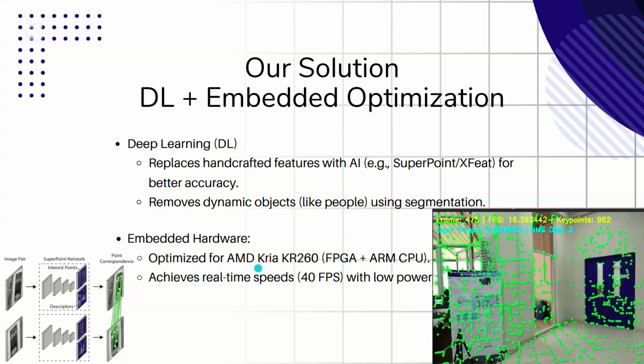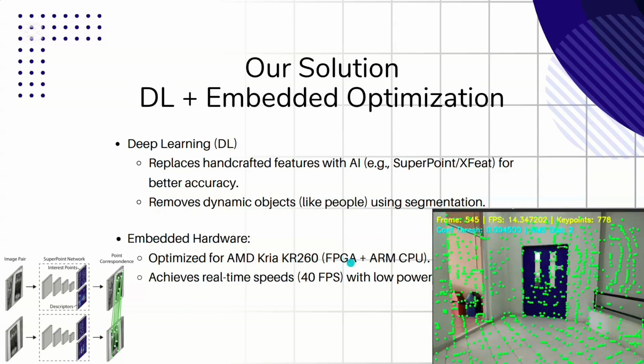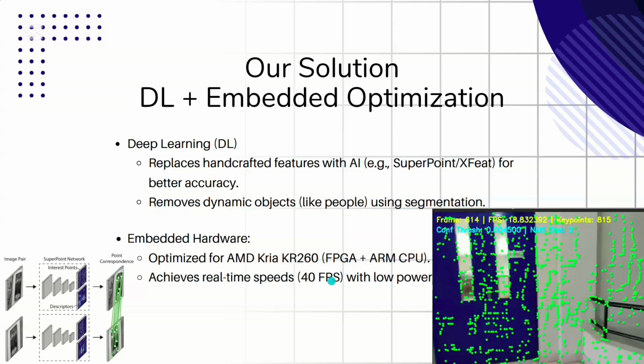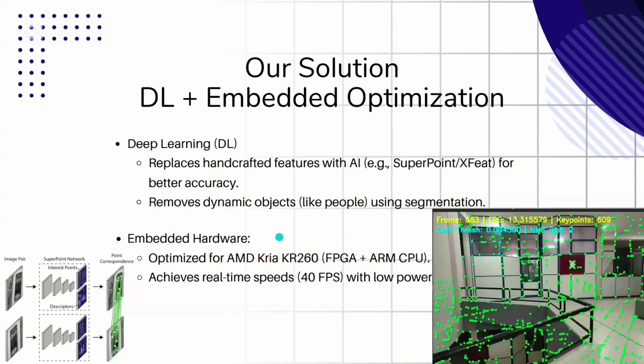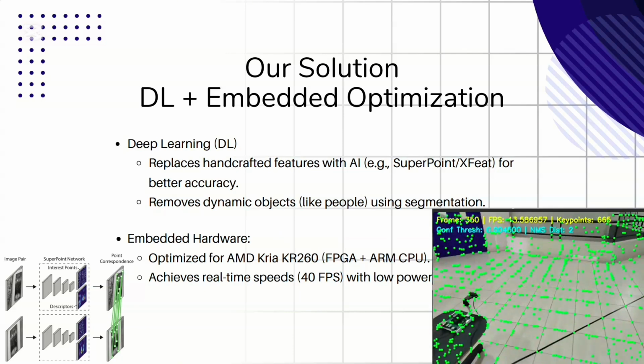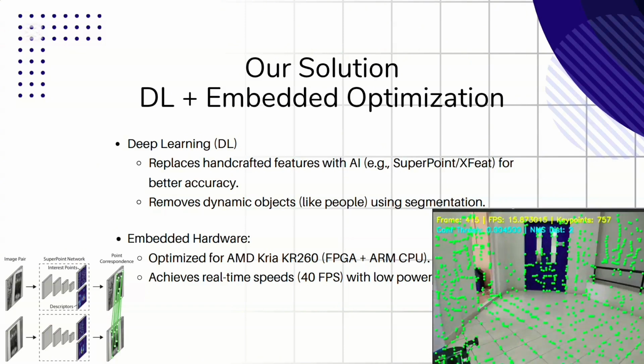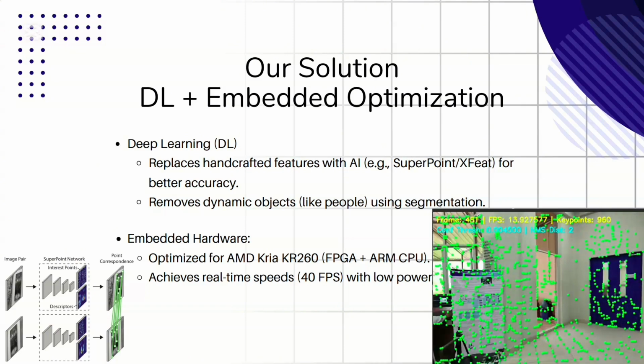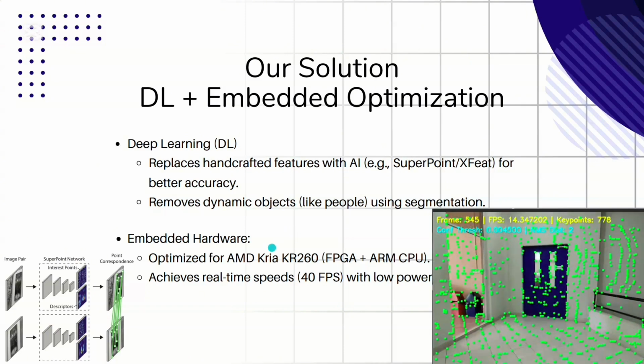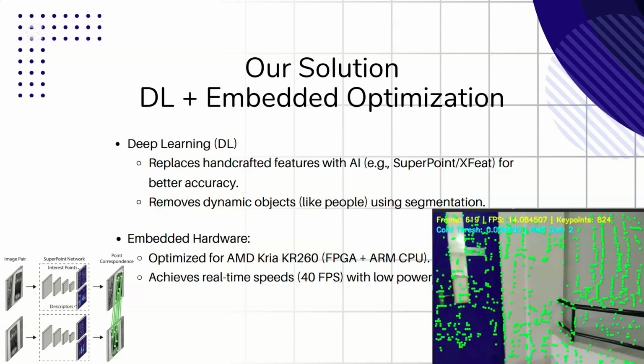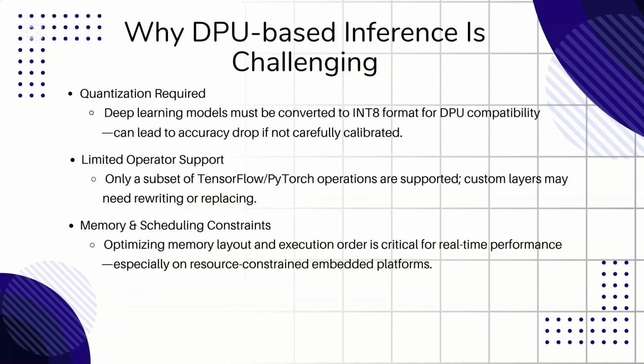We have switched the normal ORB feature extractor with the SuperPoint feature extractor, and when deploying SuperPoint on our FPGA, we had to follow specific steps. We followed the Vitis AI toolchain.